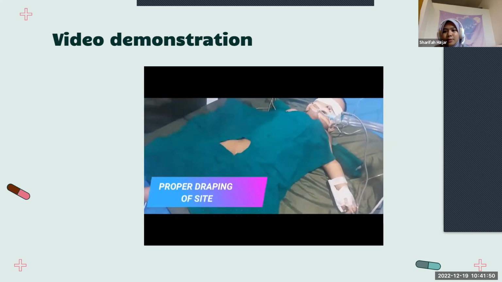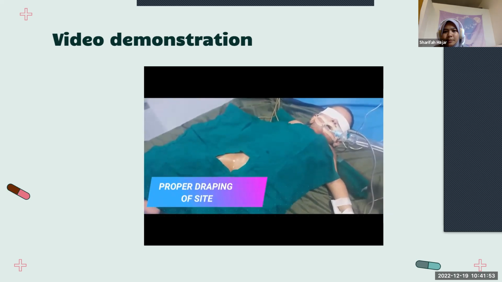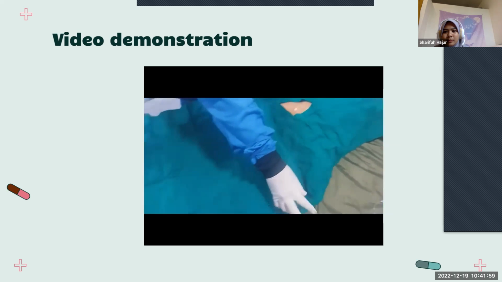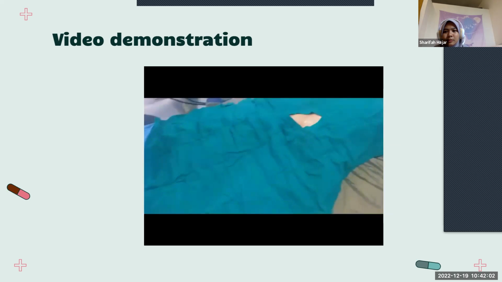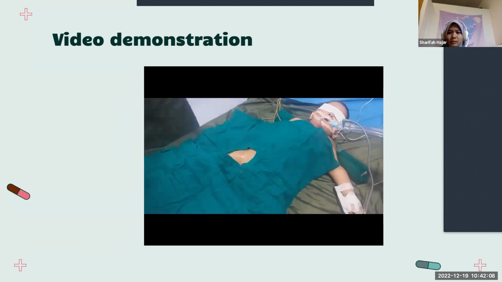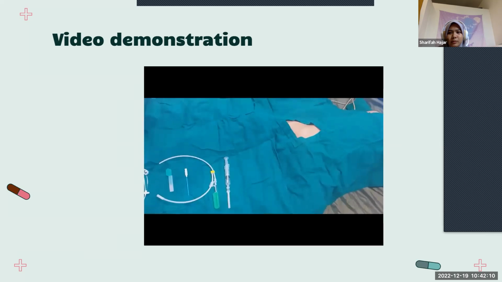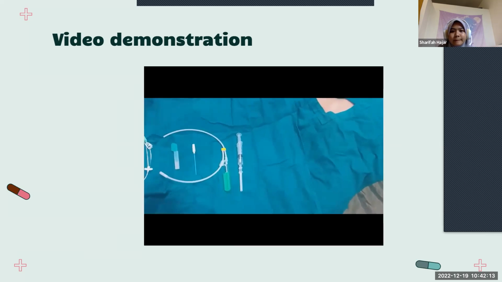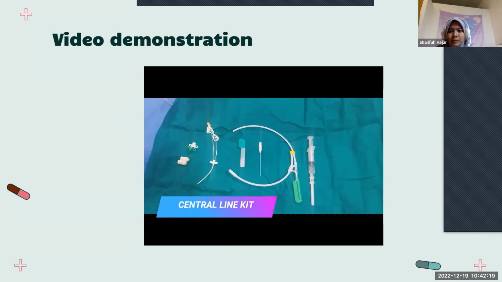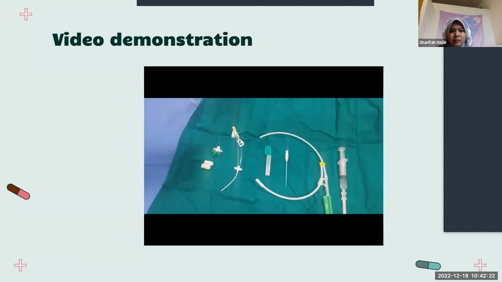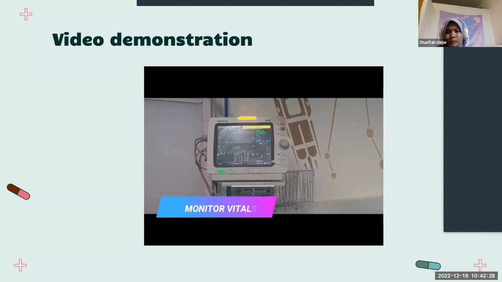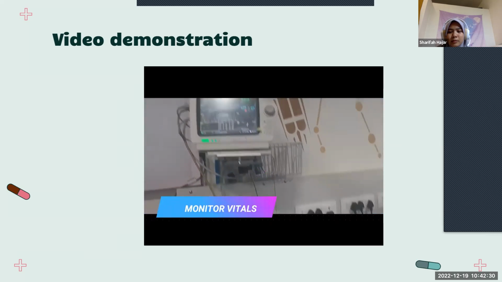Okay, and then put the sterile drape. Then these are the equipment.